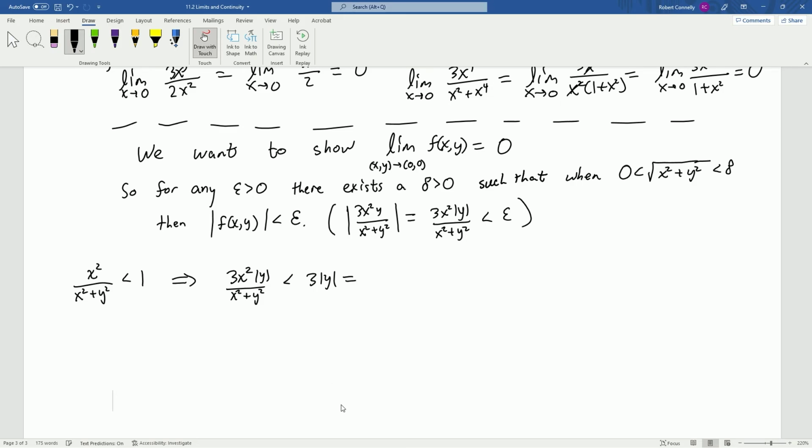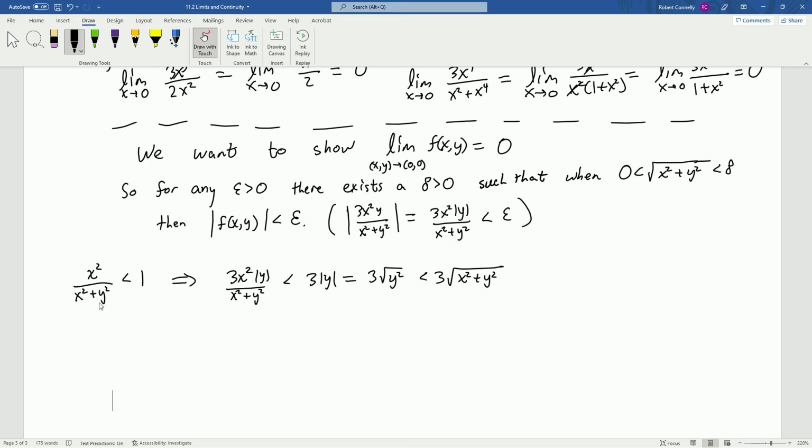So, okay, moving on. I know that the absolute value of y is equal to the square root of y squared. And I know that this is less than 3 times the square root of x squared plus y squared. So why did I do that? Well, what I'm trying to do is figure out some way to relate my function to my delta and my epsilon.